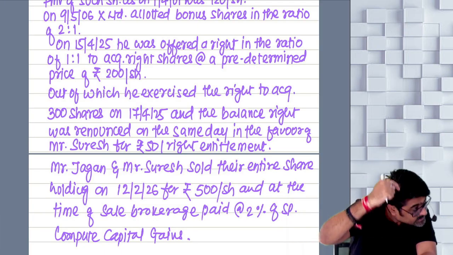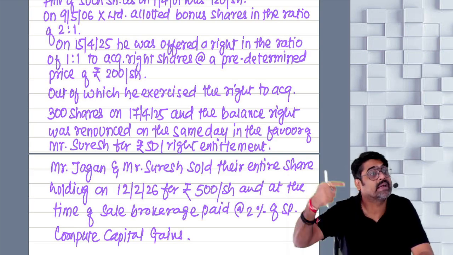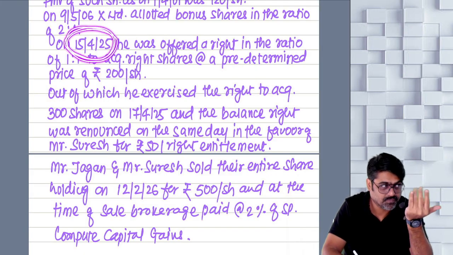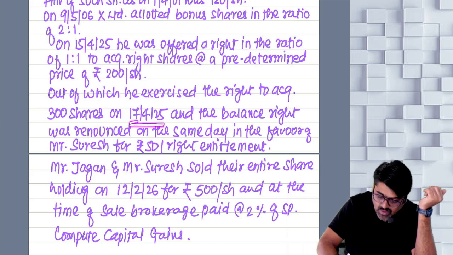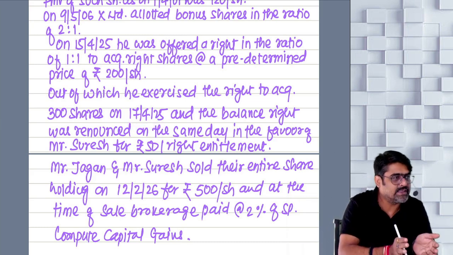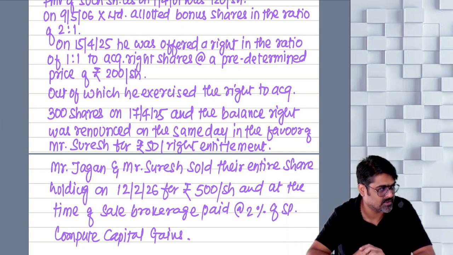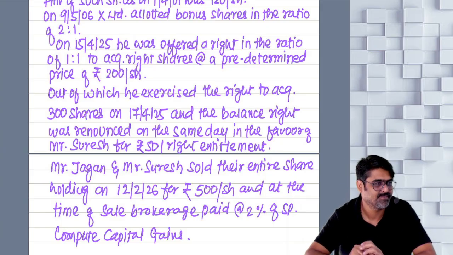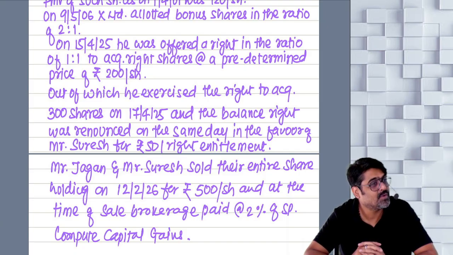That right of 450 shares was transferred, meaning renounced. So when did the right come to you, and when did you renounce it? On the date on which you exercised, on that same date you renounced the right of the balance 450 shares. So for how much time are you holding that right? Only 2 days.